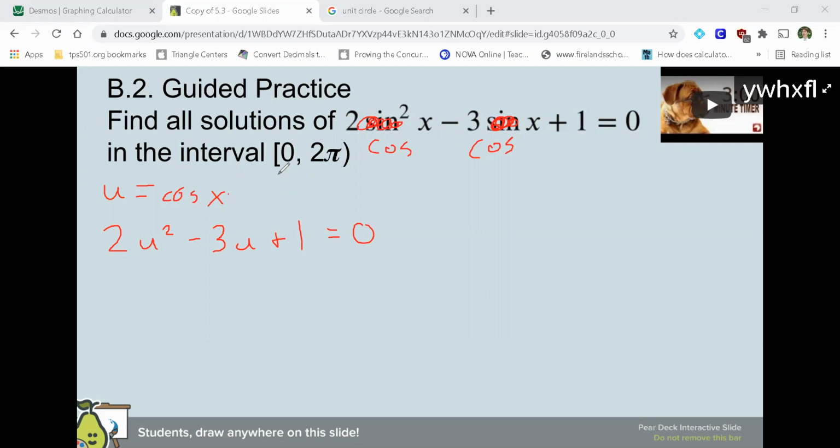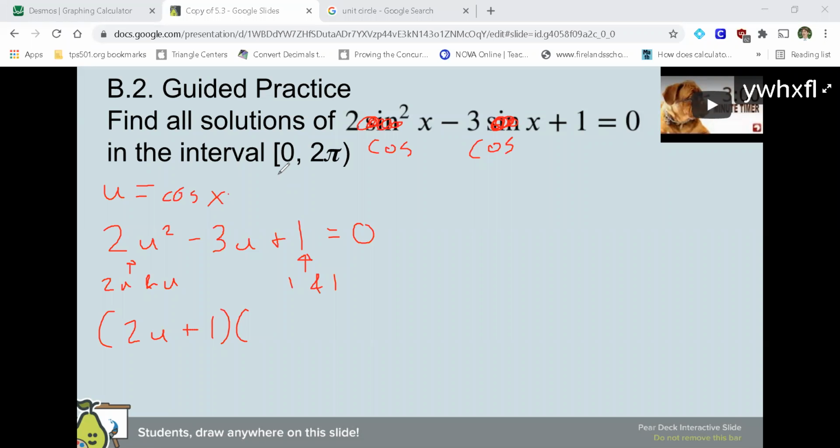And again, this is probably easiest to solve by factoring. And to be honest, there's only one possible way this could be factored. The only factors of 2u are 2u and 1u, and the only factors of 1 are 1 and 1.